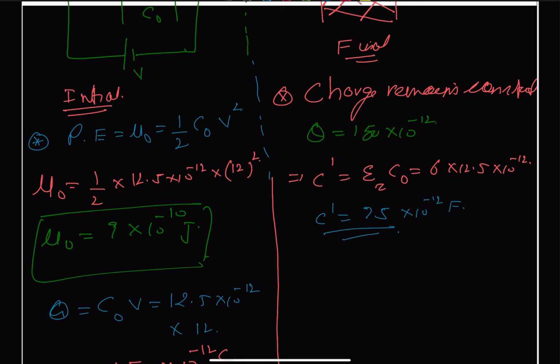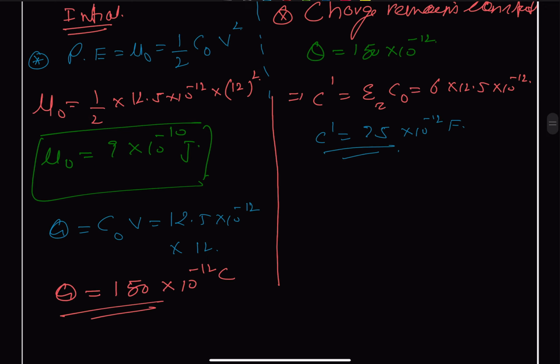We can find out our final energy. So we can say our final potential energy, let us call this U prime. U prime will be equal to Q square upon 2C prime. Q we know, so we substitute the value.